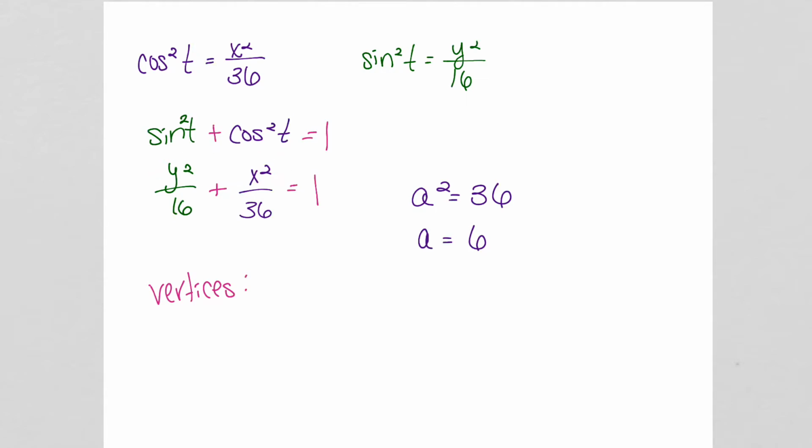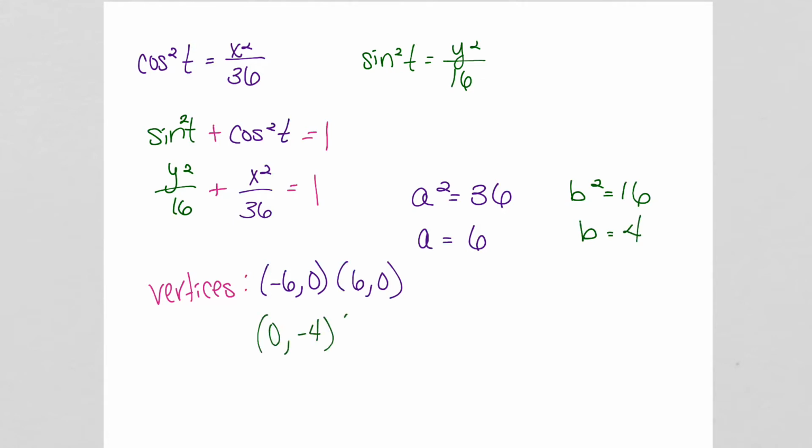So the major axis vertices will be negative 6, 0, because it's along the x, and 6, 0. And then for the other two vertices, b squared is 16. So b is 4, so they'll be at 0, negative 4, and 0, 4.